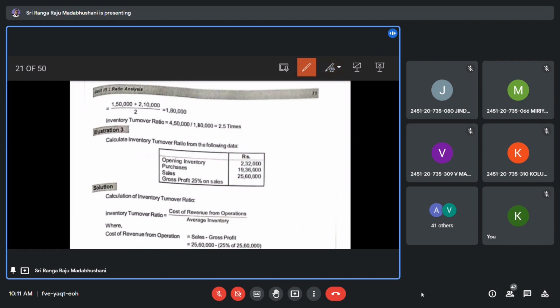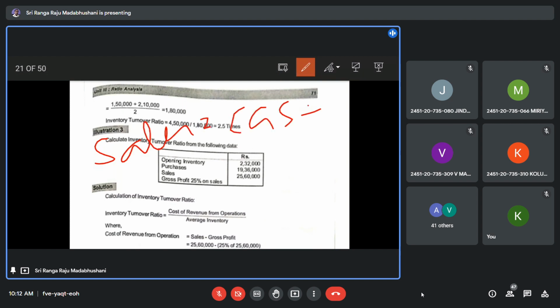Gross profit is 25%. In this question, opening inventory, purchases, sales, and gross profit of 25% are given. One should remember, it may be on sales or it may be on cost of goods sold. Sales is equal to cost of goods sold plus profit.